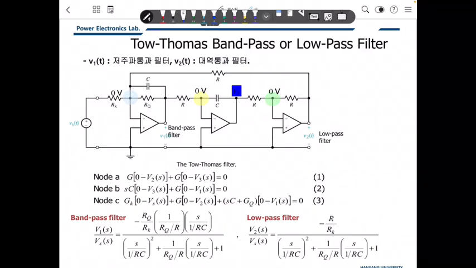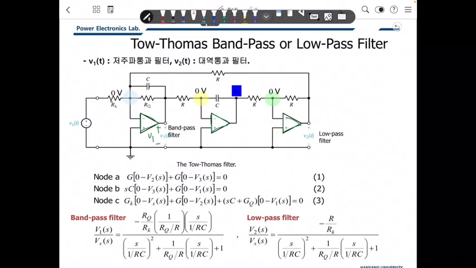So this is OPM here. This is the first OPM like that, and the second, and resistors R, RC and RC and RR in this manner. We call this the 2 Thomas filter. If you drive, define some variables.